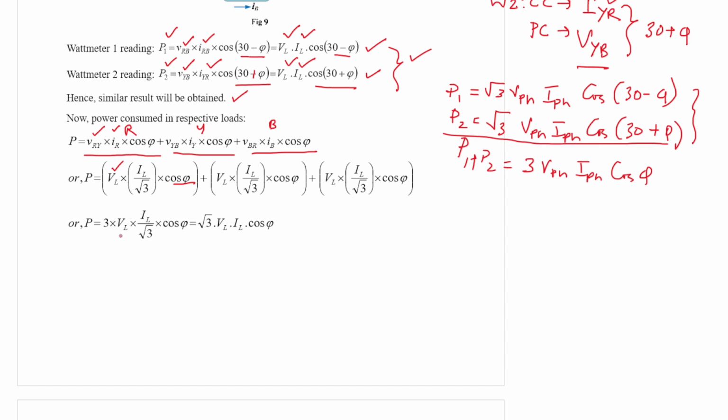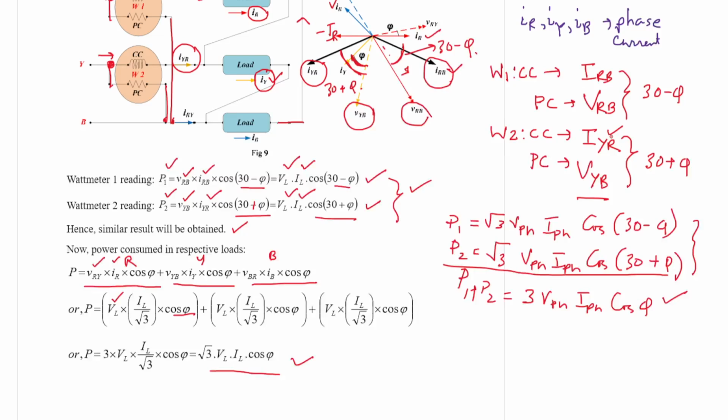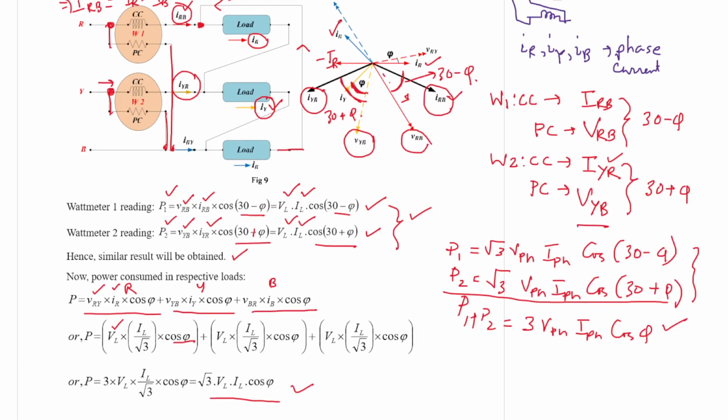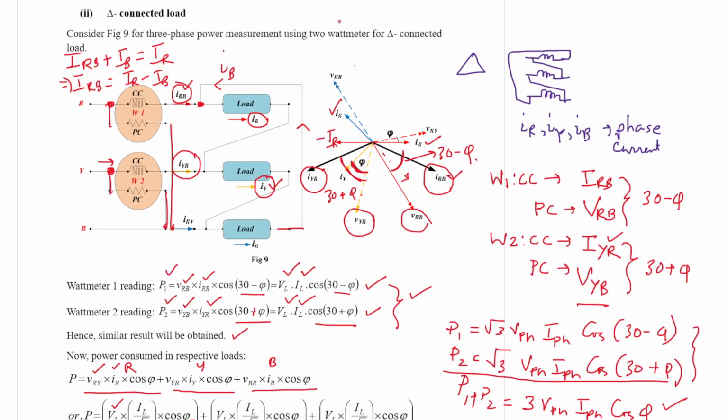So what is the total power consumed? It will be root 3 VL IL cos phi, or in terms of phase voltages, 3 V phase I phase cos phi. In case of a delta network, we have also seen that if two wattmeters are connected, then the total power consumed by the delta connected load can be measured.